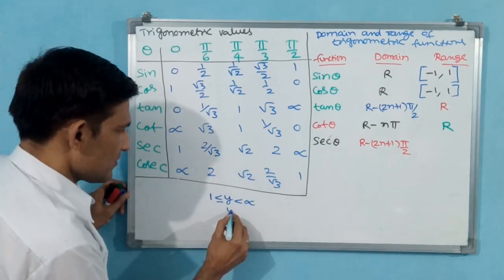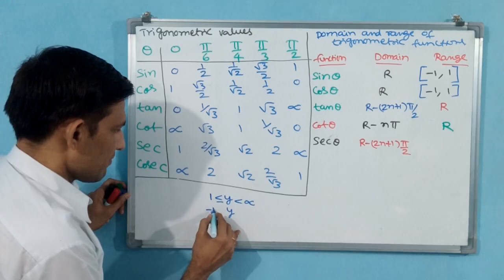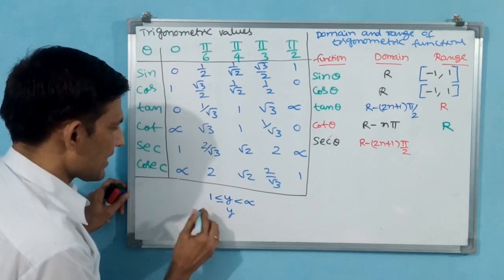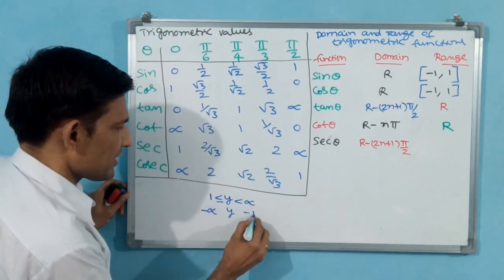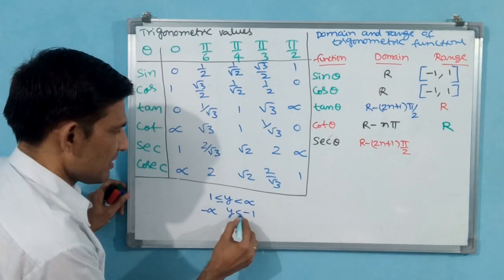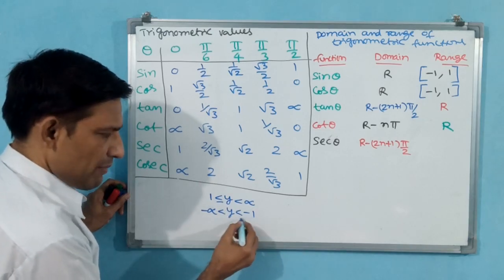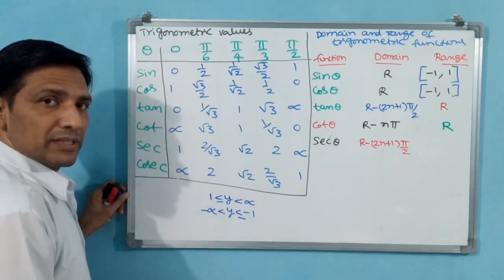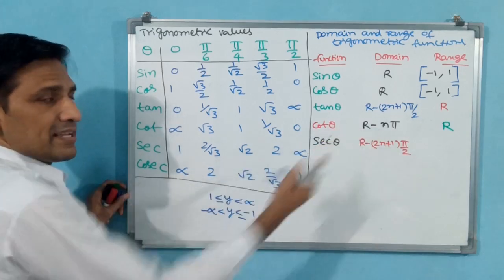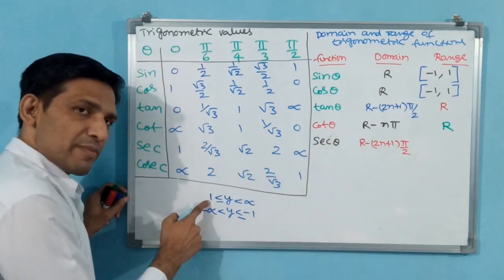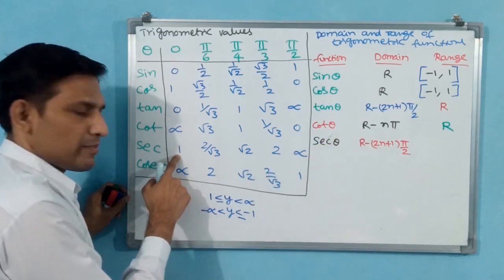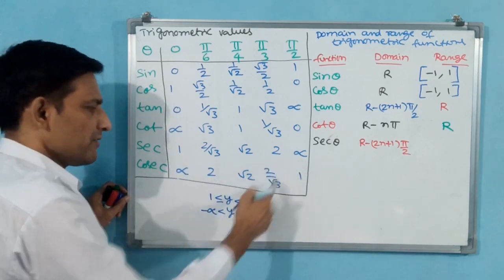Minus 1 to infinity, or I can say minus infinity to minus 1, why? Because minus 1 is bigger than minus infinity. Is minus 1 coming? Yes, minus 1 is also coming. This is y, the range. Up to infinity, infinity is coming.